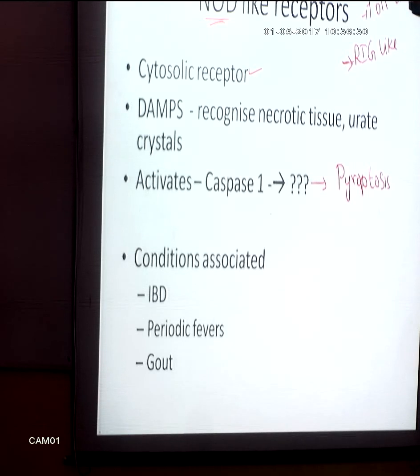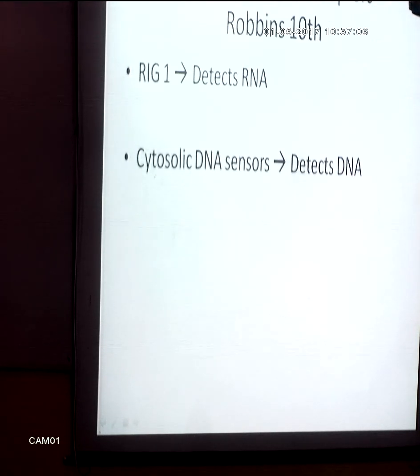So conditions associated are inflammatory bowel disease, periodic fevers, that is the familial Mediterranean fever, and gout. What Robbins 10th has added is cytosolic DNA sensors. This is important. This is a potential MCQ. Robbins 9th had RIG-like receptors detecting both DNA and RNA.